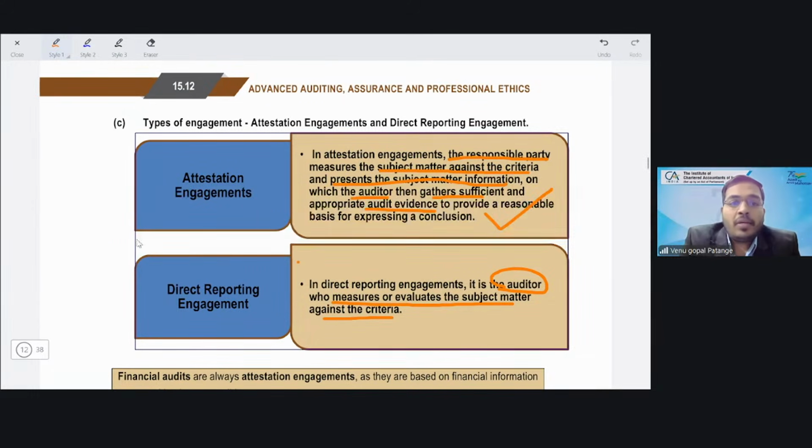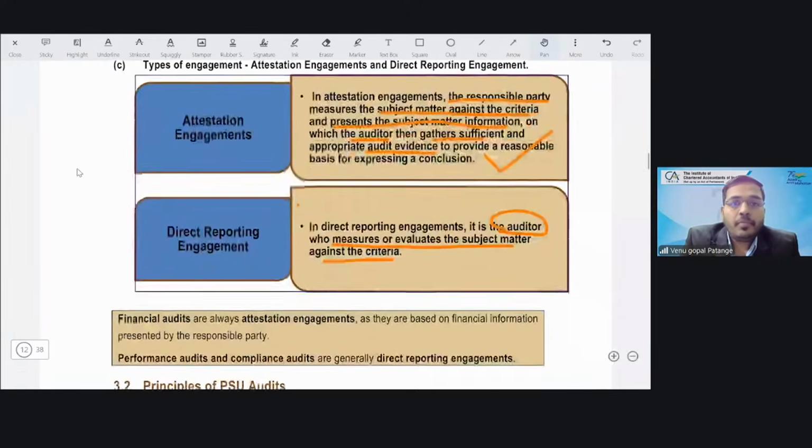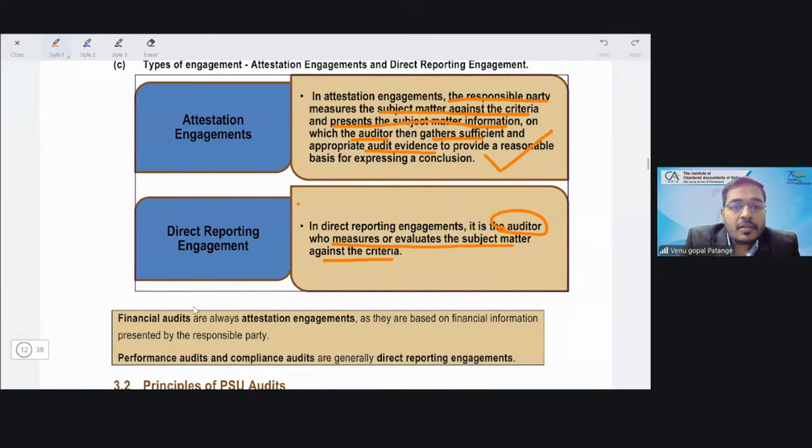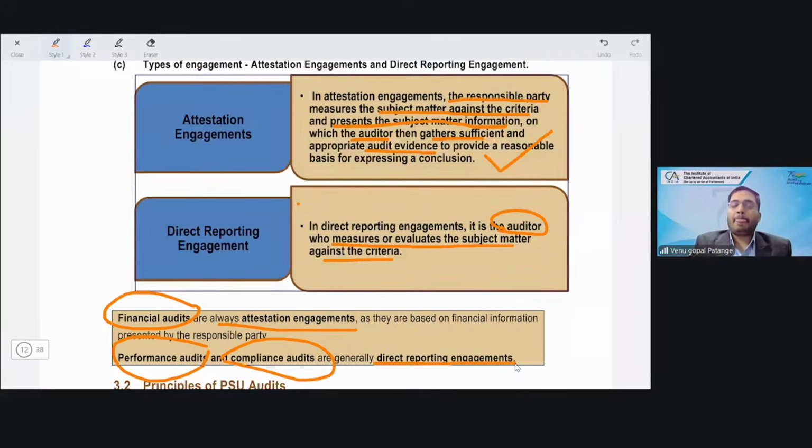So here now, examples. What are the examples? Financial audits are always attestation engagements, whereas performance audits and compliance audits are generally direct reporting engagements. So in case of performance audit, the responsible party does not measure the subject matter against the criteria.